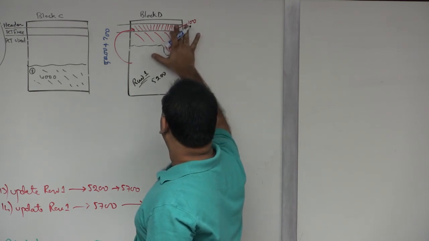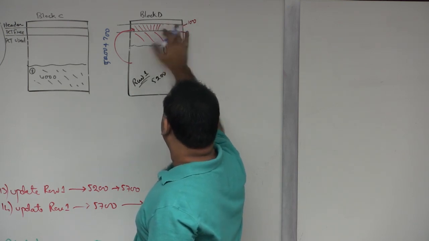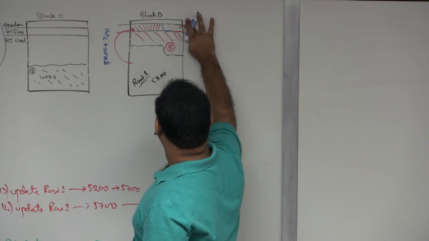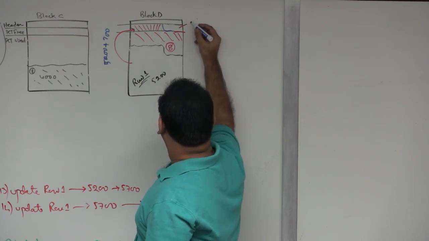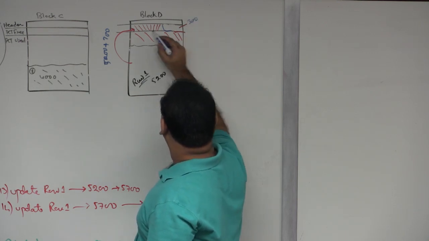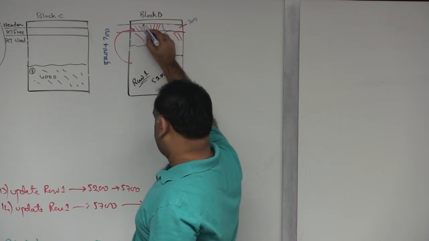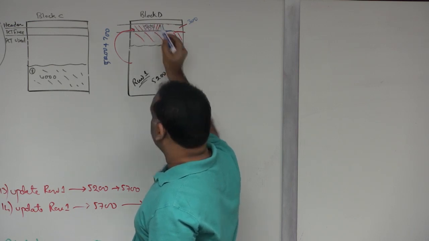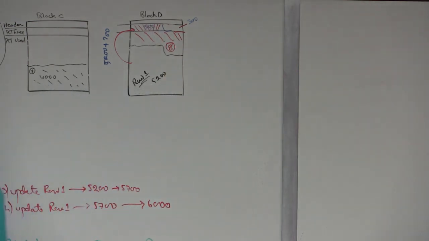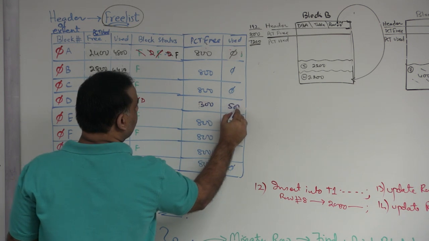So the free was 300, and this one was 500, right? So I have to update the same thing in here. This is available 300, and this one is 500.